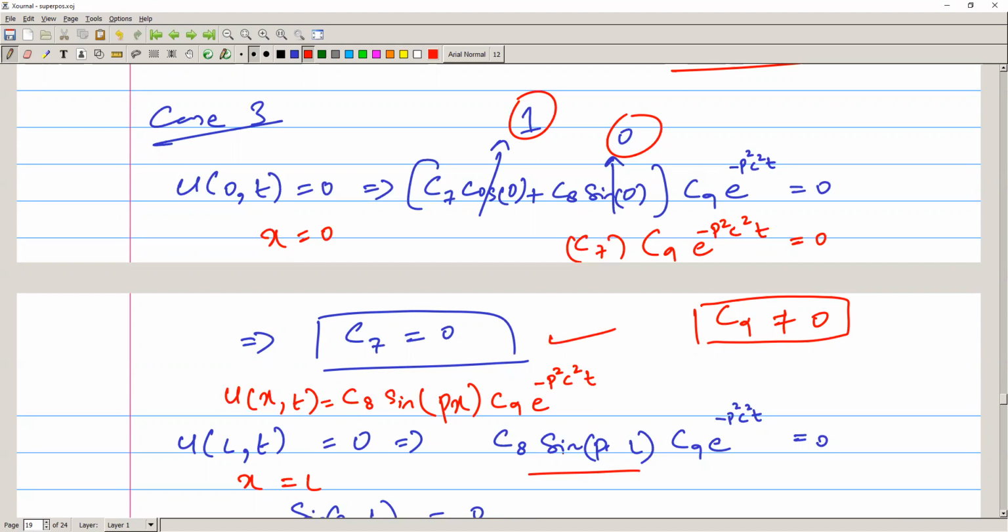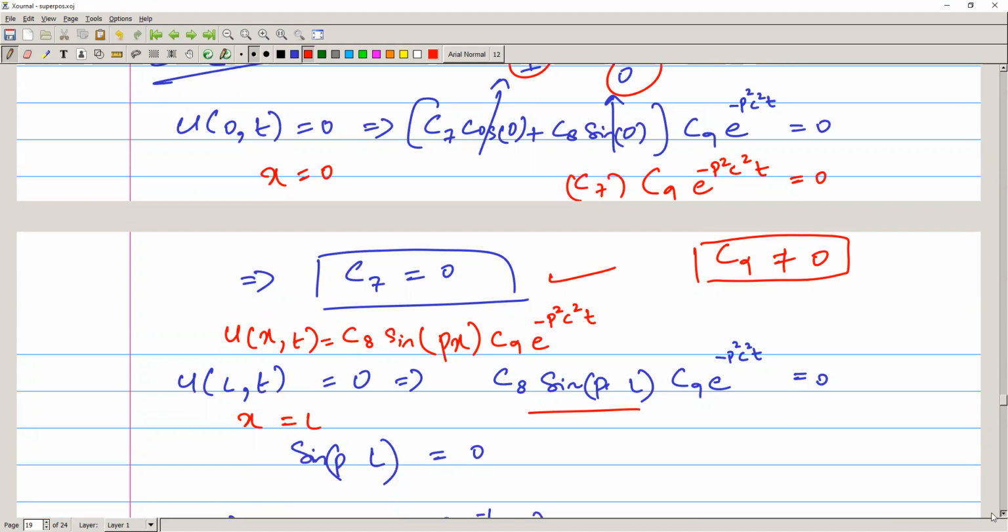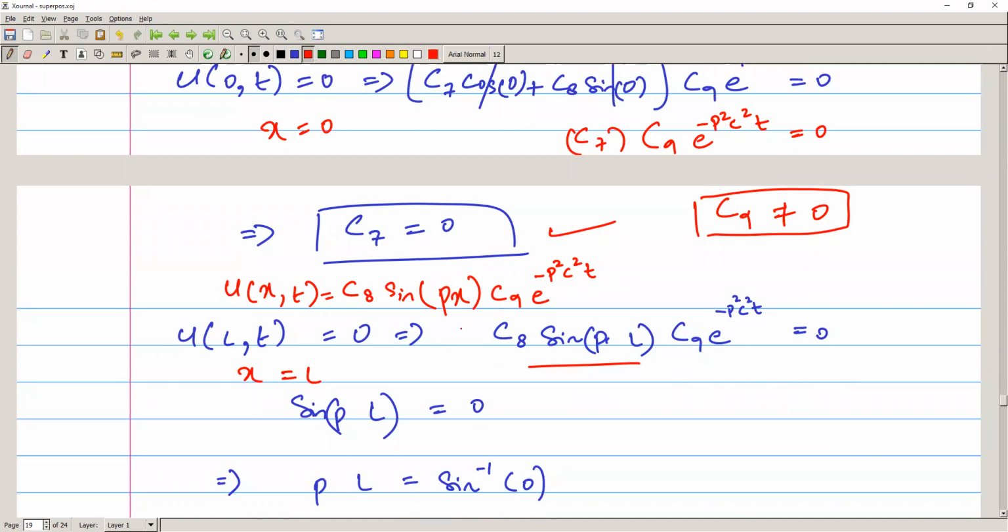All right. So now we will apply L in place of this x. So it will be c8 sine pL times c9 e to the power negative p squared c squared t is equal to 0.